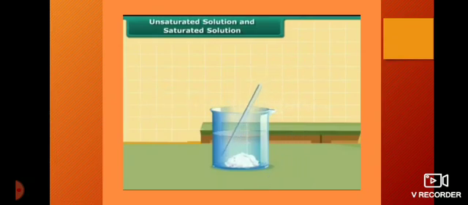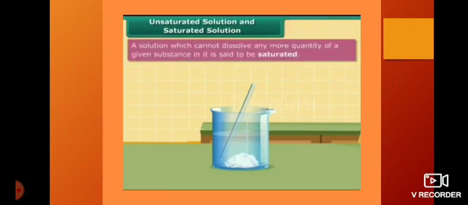Then we add more salt to it, but we are not able to dissolve it. So we call it saturated solution. A solution which cannot dissolve any more quantity of a given substance in it is said to be saturated.